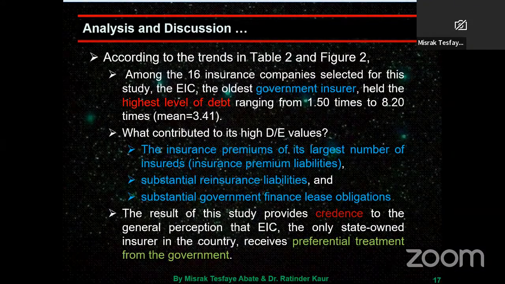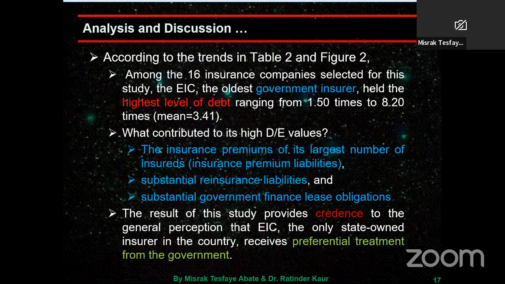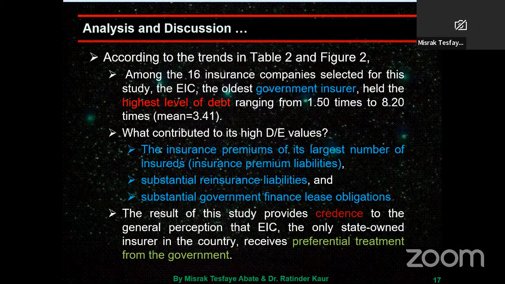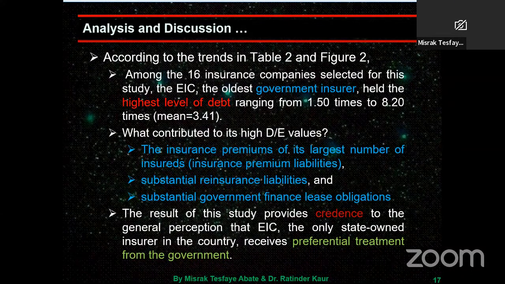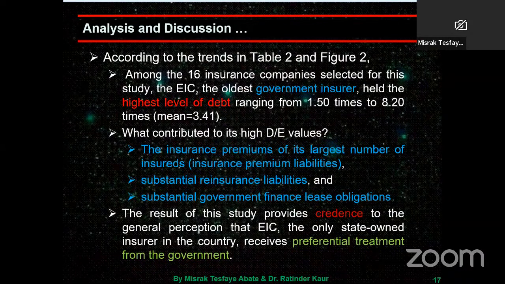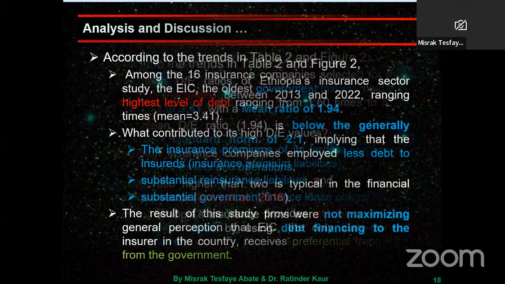One, the insurance premiums of its largest number of insurers; two, substantial reinsurance liabilities; and three, substantial government finance obligations. Similar to the Commercial Bank of Ethiopia, the result of this study provides credence to the general perception that the Ethiopian Insurance Corporation, which is a state-owned insurer in the country, receives government support.